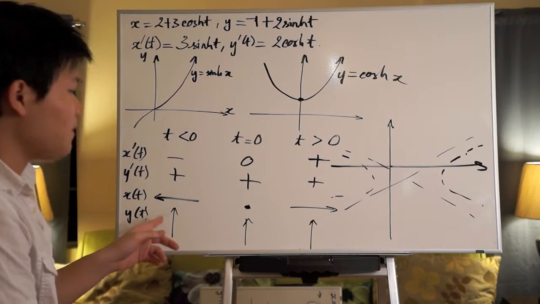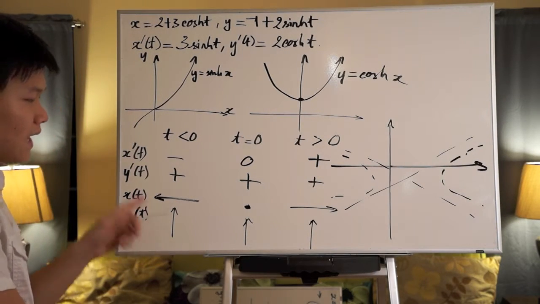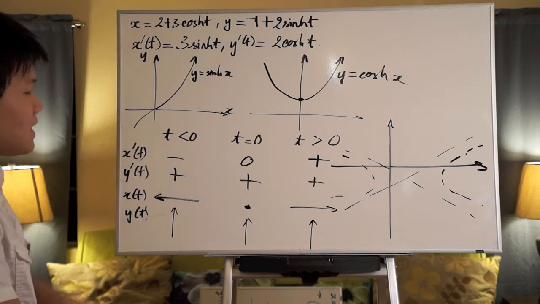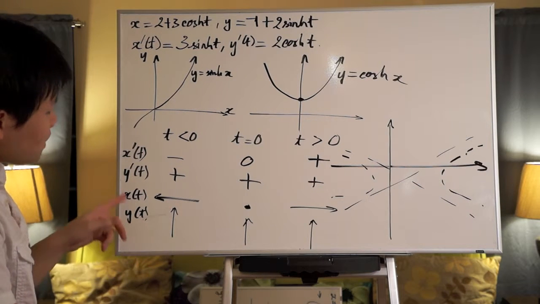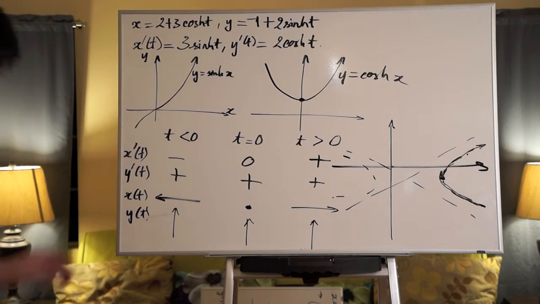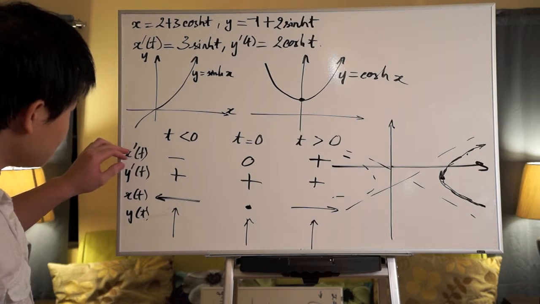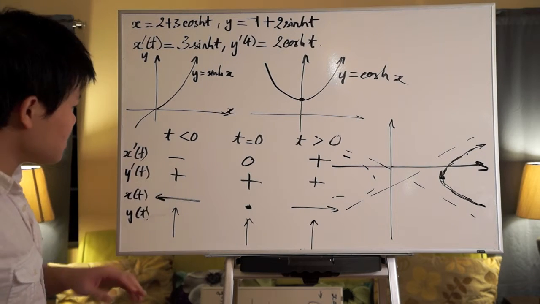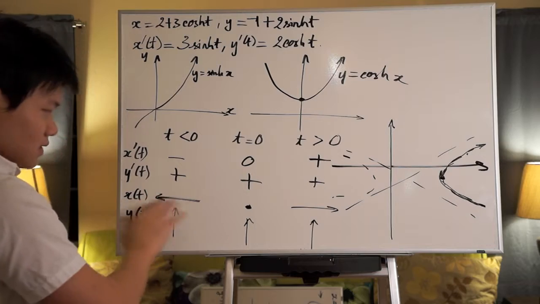Now let's just try to mimic this process and see if it works exactly the same way that calculus tells us. So now we have that x prime of t is minus, right? So it's going to the left.